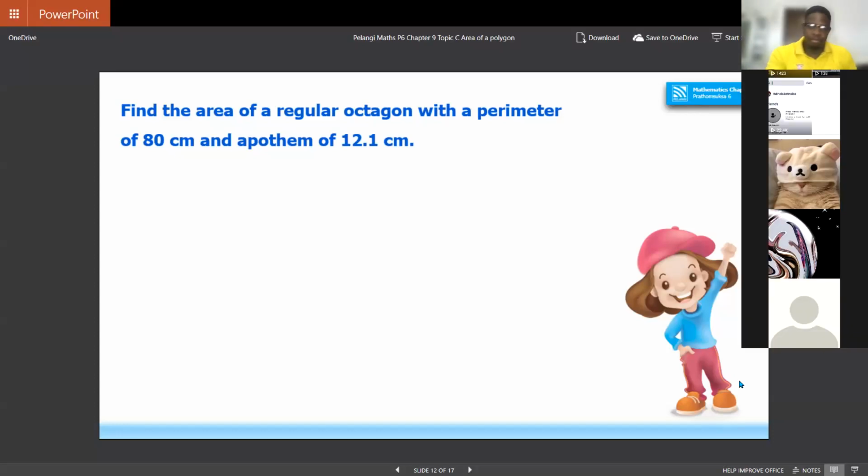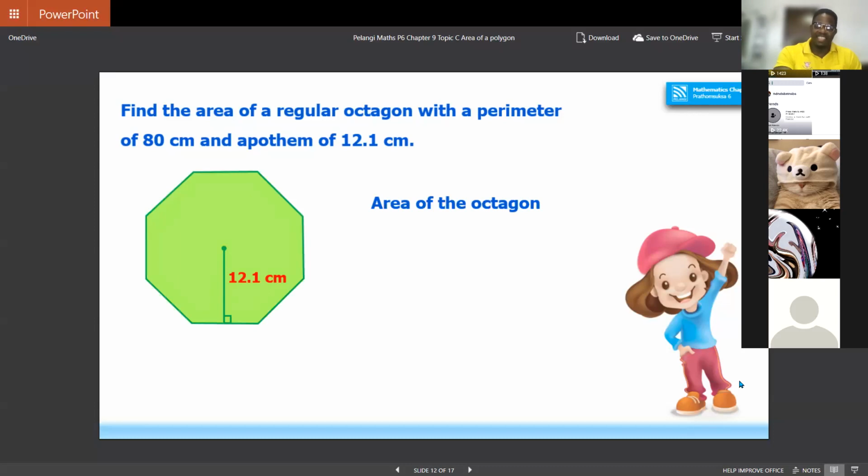Formula first. 1/2 times perimeter times apothem. Okay, so what's next? It'll become 1/2 times 80 times 12.1. 2 can cut 80, and 80 will become 40, and I do 40 times 12.1.